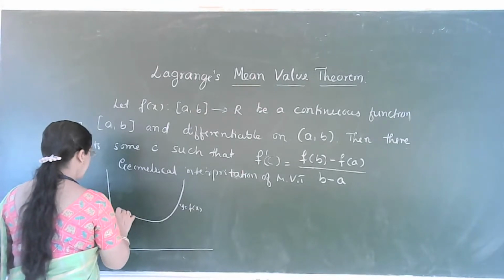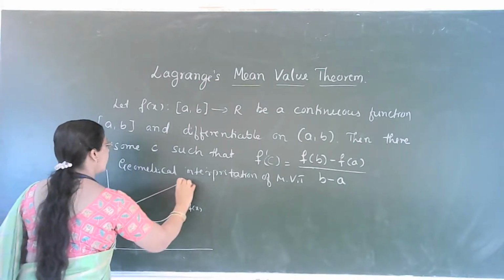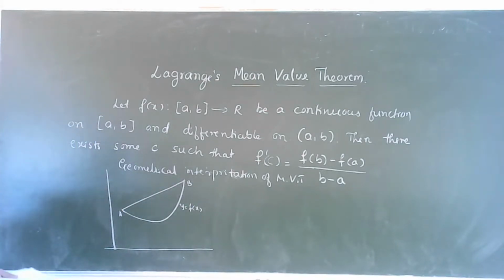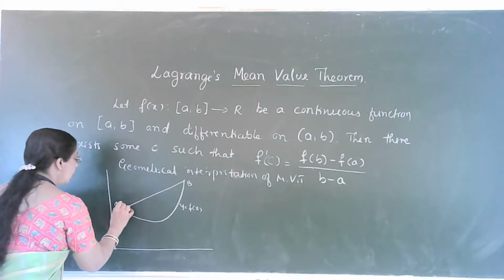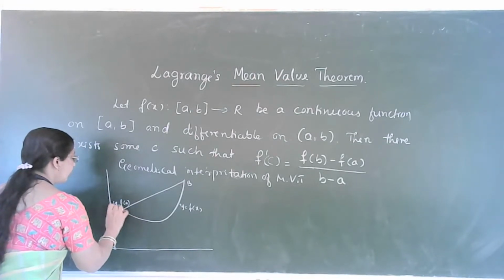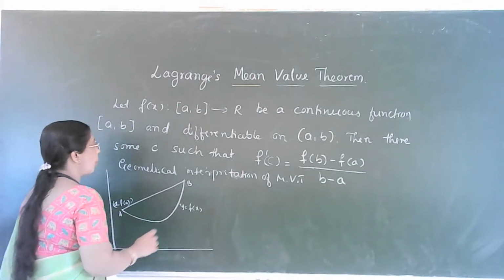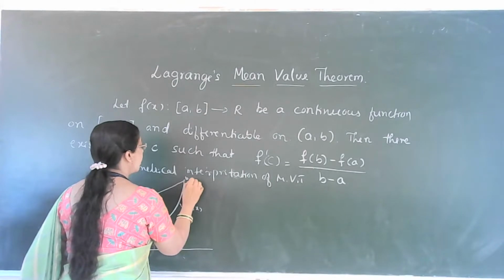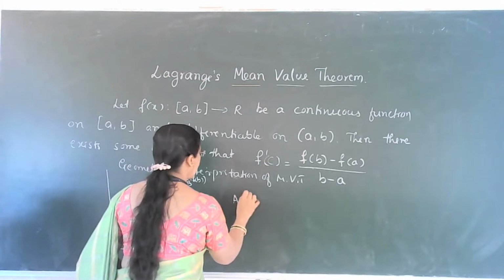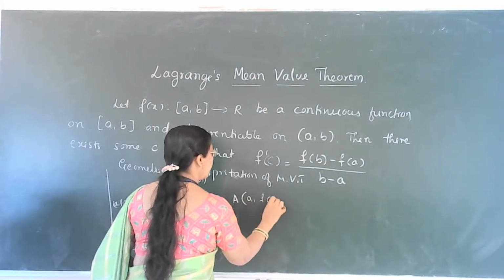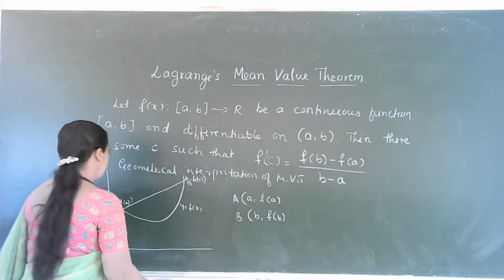Here it is A and there is B. It's the chord. We join A and B. The coordinates of A are a, f of a, and the coordinates of B are b, f of b.